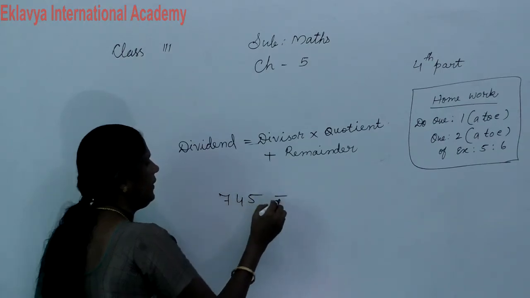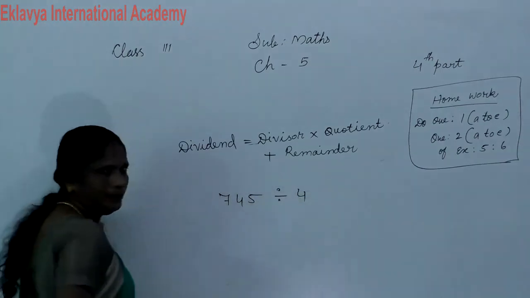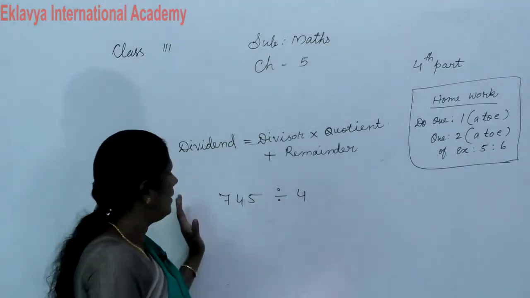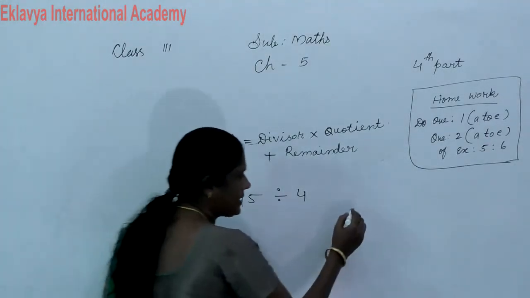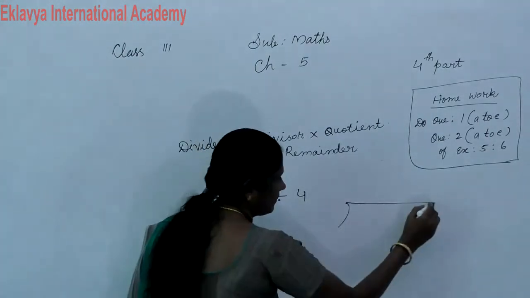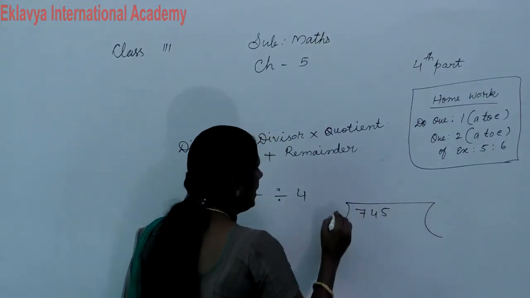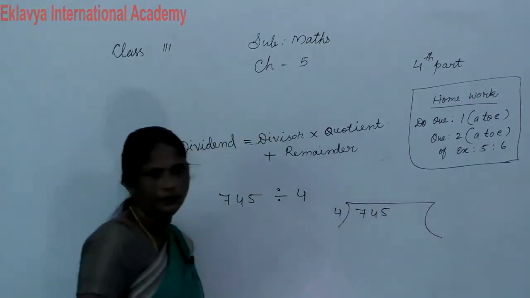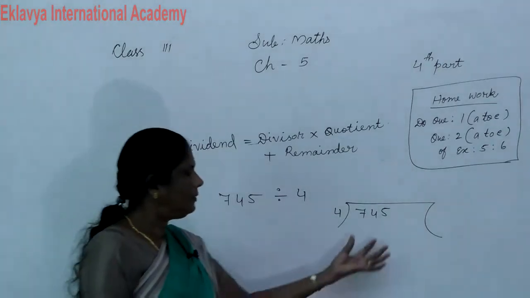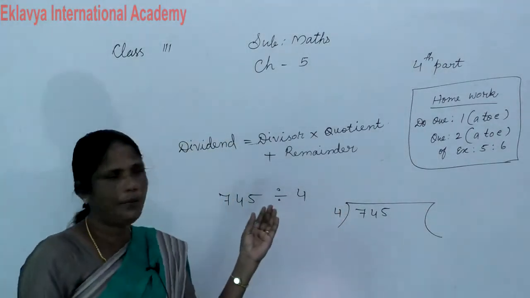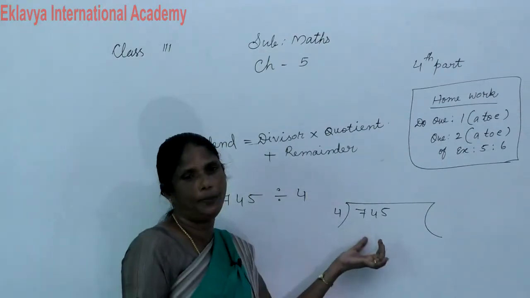745 divided by 4. First you divide this number. We start with the 100 place.